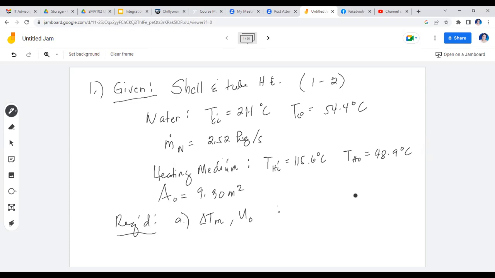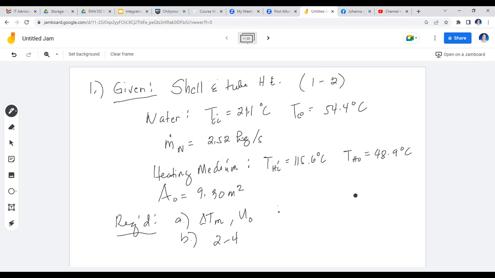Now for letter B, instead of using a 1-2 shell and tube heat exchanger, you're going to use a 2-4 heat exchanger. Now, I have mentioned also, class, I think last sem, that whenever the problem is silent as to what orientation your heating medium and the medium to be heated have, then you have to use the counter current flow orientation.